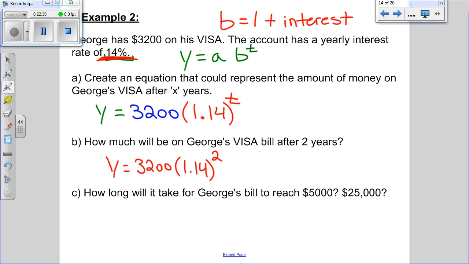So maybe he bought a car on his Visa for 3,200 bucks and didn't pay any of that off for 2 years. Now it's costing him $4,158 just after 2 years.